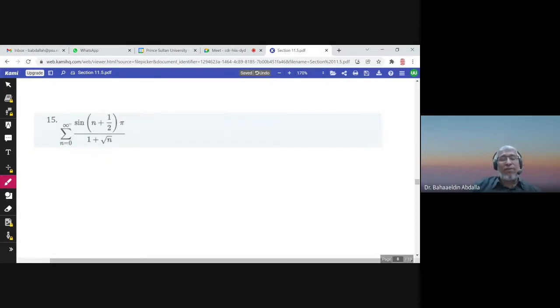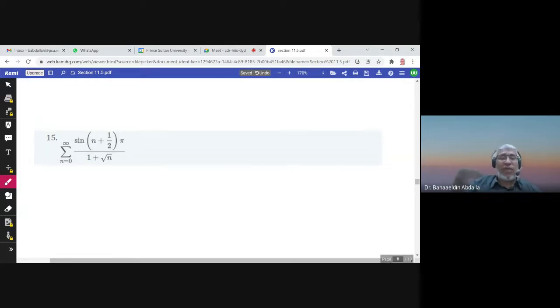Well, here, if you think about this one, what is sine of n plus half pi? Replace n by 0. If you replace n by 0, n starts from 0, okay? Put in 0. You have sine pi over 2. Sine pi over 2 is 1. Put in 1. This is sine of n plus half times pi, 1 plus half, 3 over 2 pi.